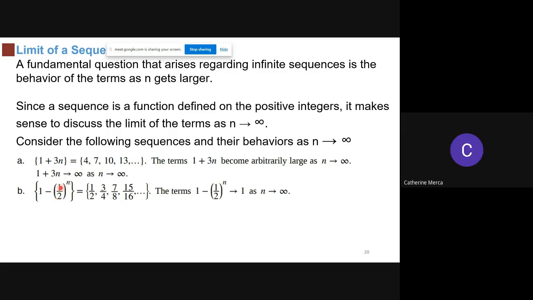Yes, ma'am. Okay. So 1 minus 1 over 2 to the n, these terms tend to what? Zero out, so what remains is just 1.